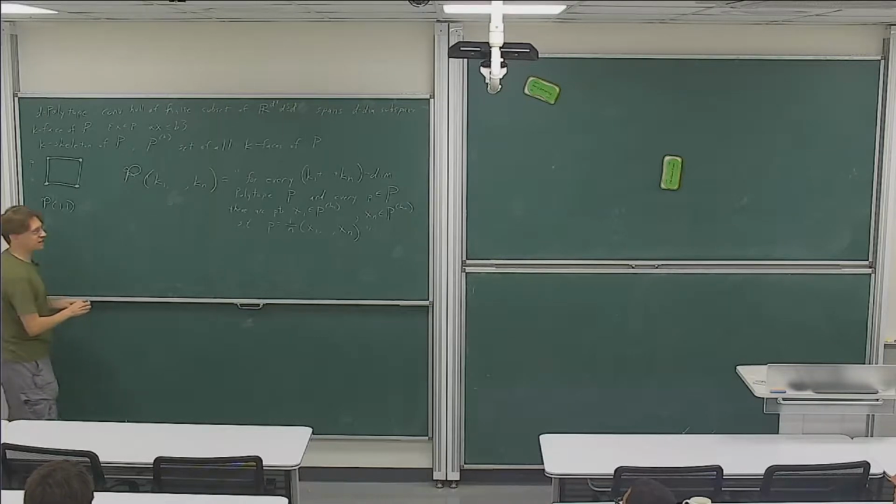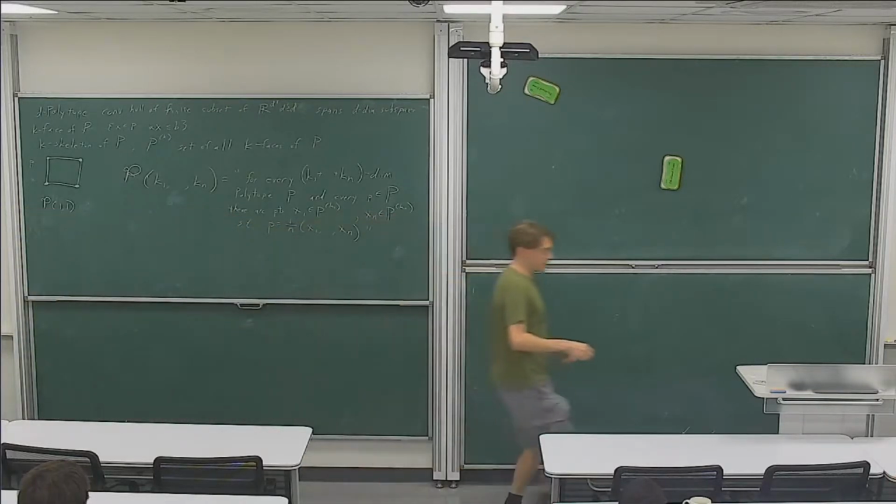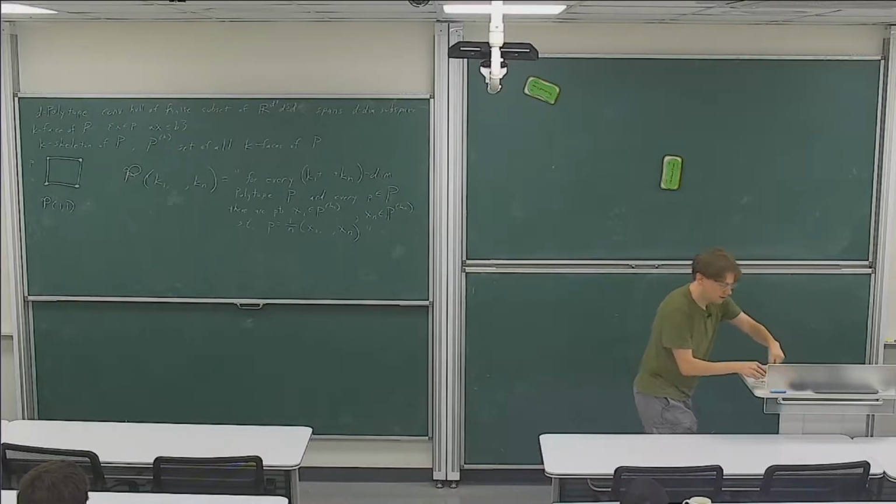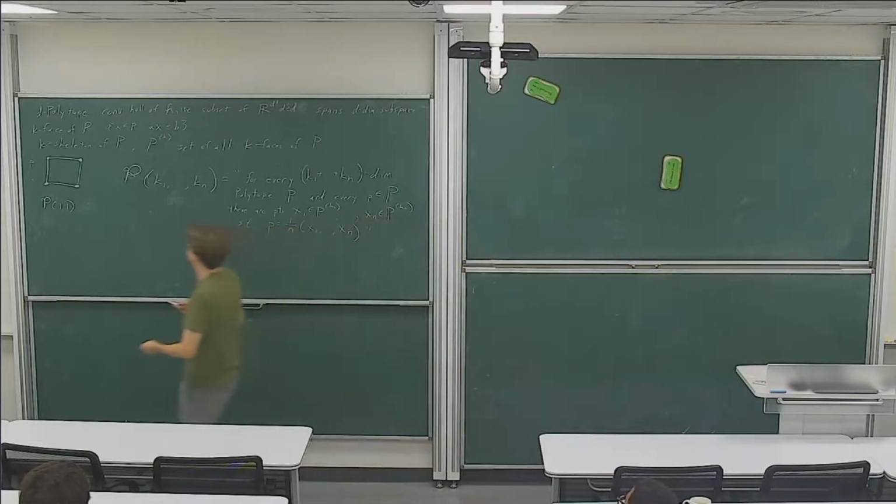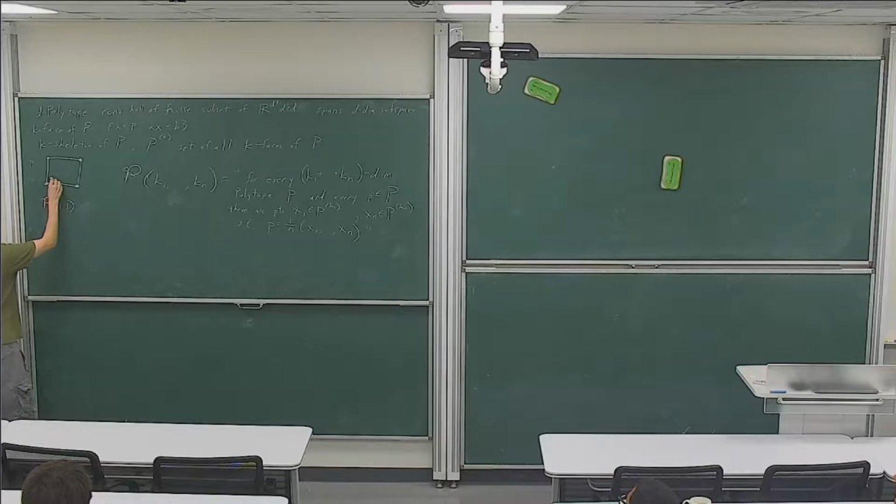So let's say I pick some point in here, and if I want to guess where those points might be, I could start by just drawing some line through here. But this might not be the barycenter. So how would I tell if this is the barycenter?